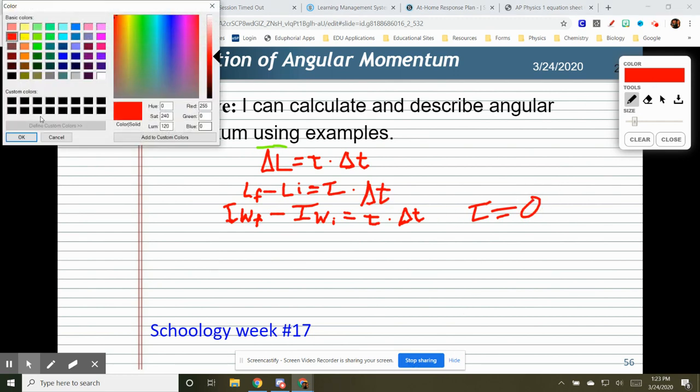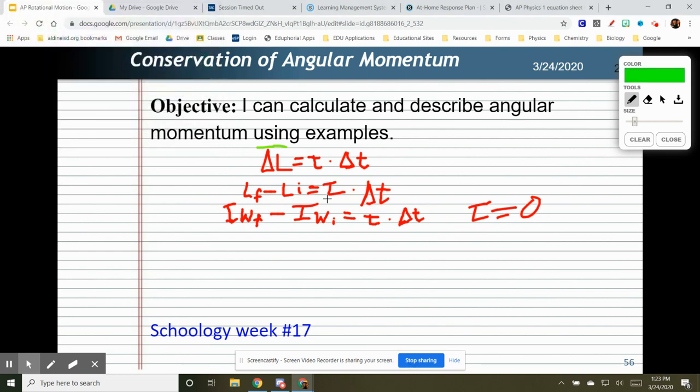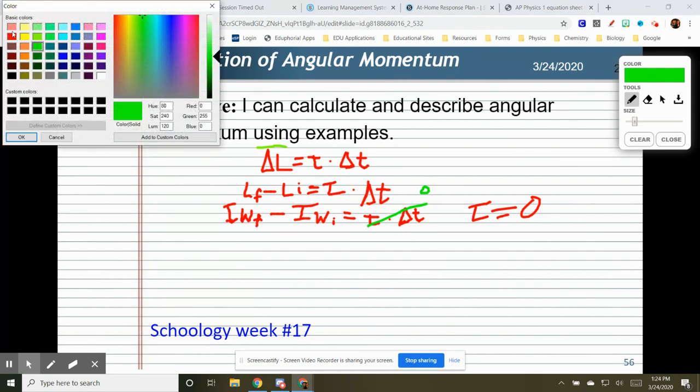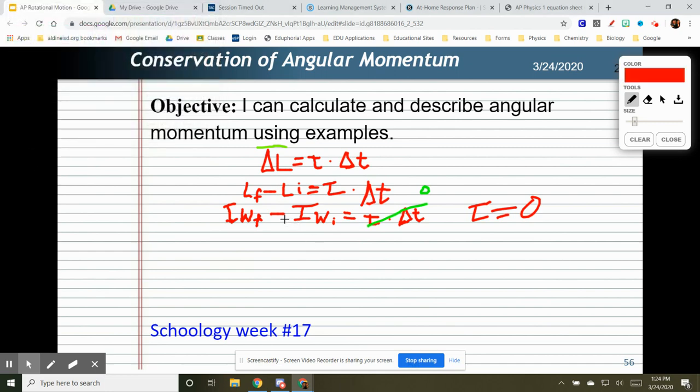So that means, very important, that this term cancels. So we have moment of inertia times angular velocity final minus moment of inertia times angular velocity initial equals 0, which means we just move this initial term over.